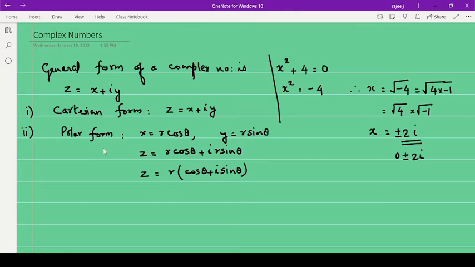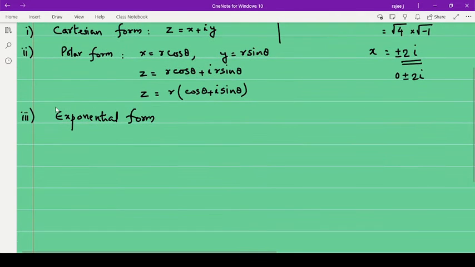Then the third form is the exponential form, which is otherwise also called Euler's form.